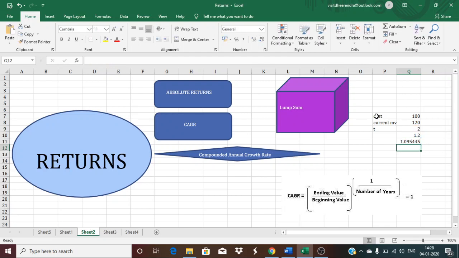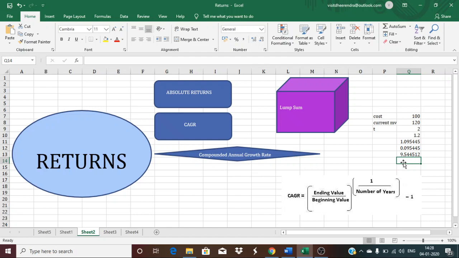This is giving 1.095445. Now I just need to subtract 1 from this value. You can see here this minus 1 is given in the formula. So this is the CAGR, 0.095445. If I need the percentage value, then I can simply multiply this by 100.